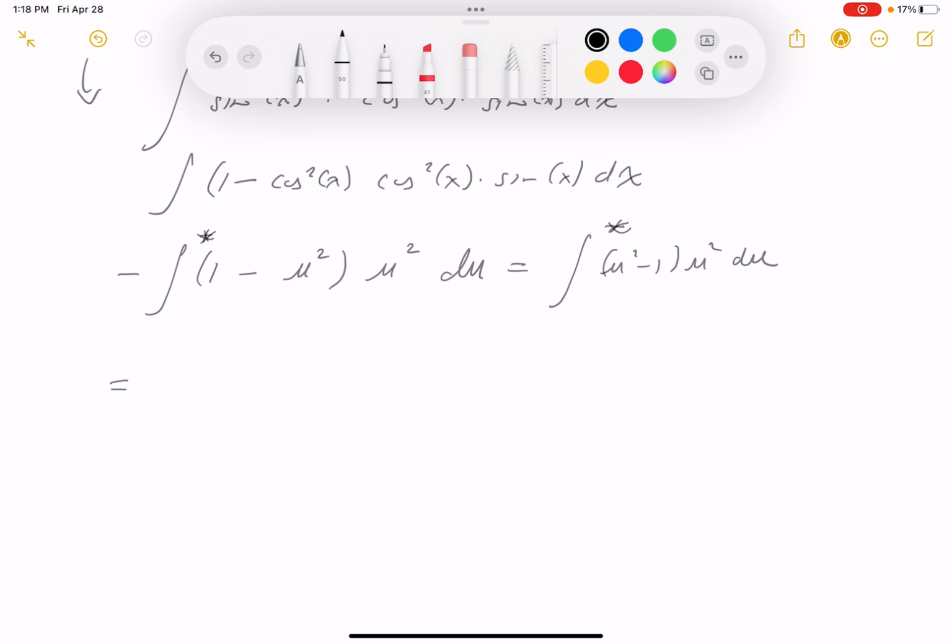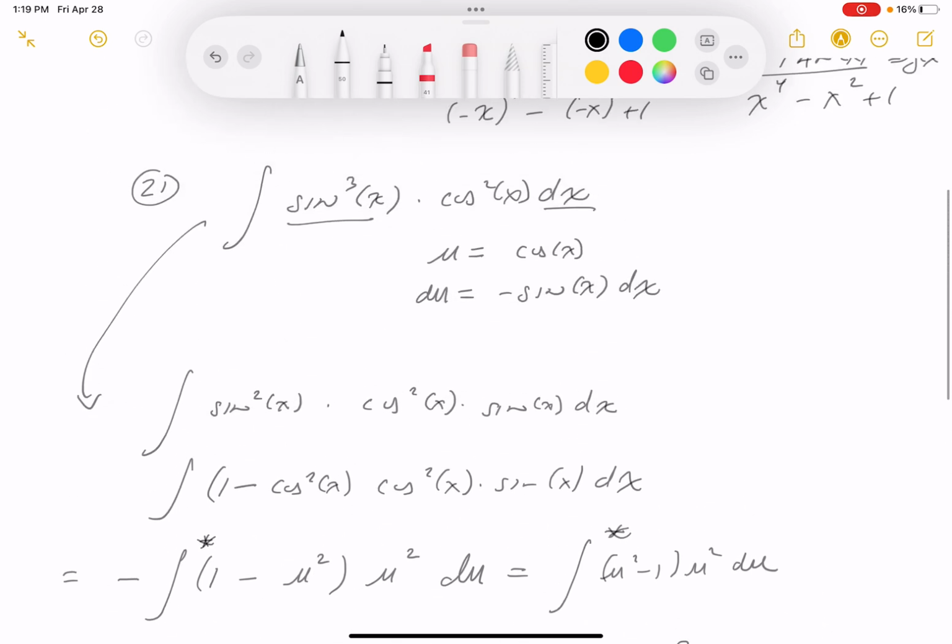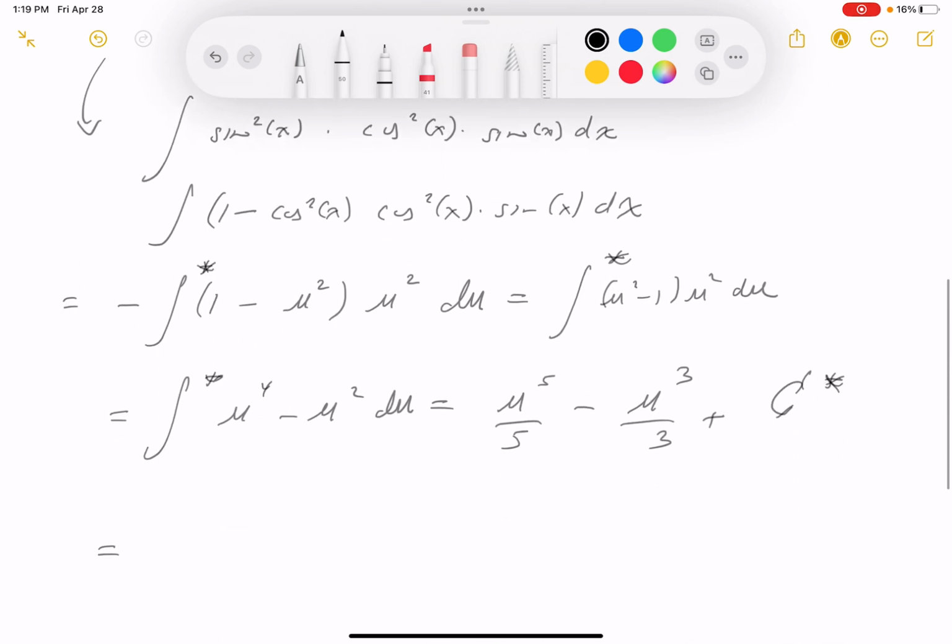And what are you going to get there? Let's see. You're going to get u to the 4th minus u squared du. Easy integration. That's going to be u to the 5th over 5 minus u cubed over 3 plus some constant of integration. What I'm going to do now is go back to x's. And what's u? Well, again, we write these things down for a reason so you can read them. Cosine x.